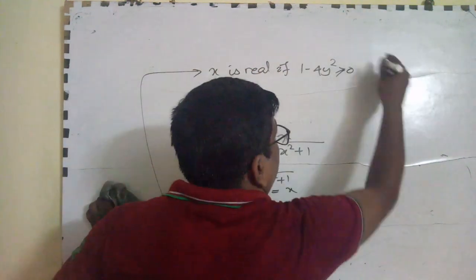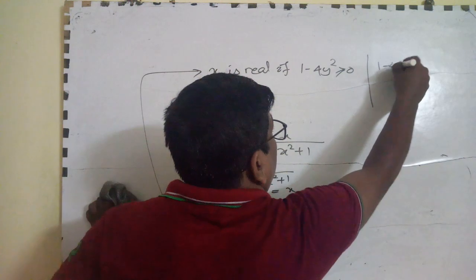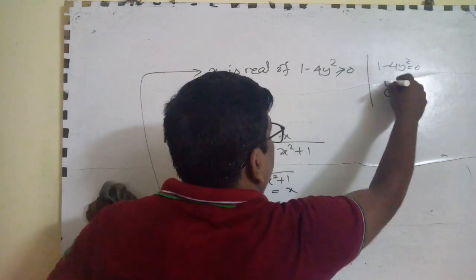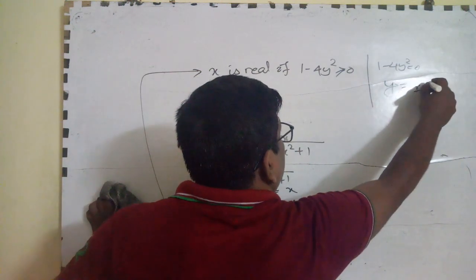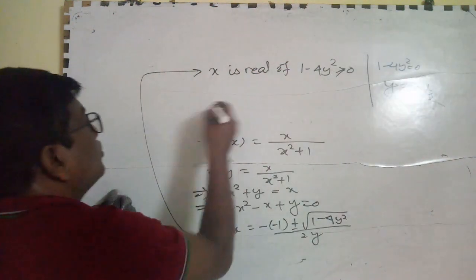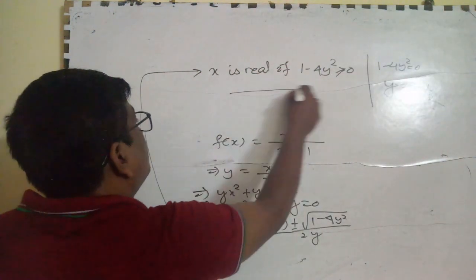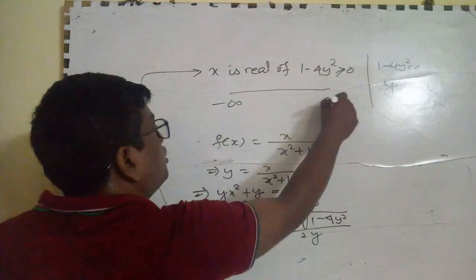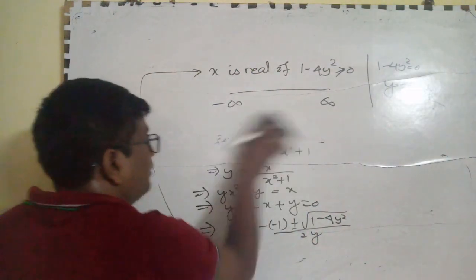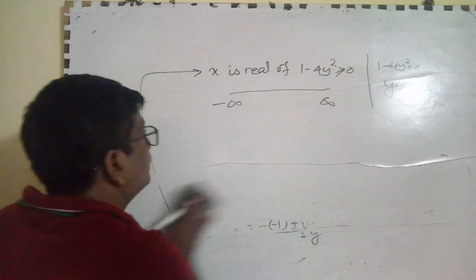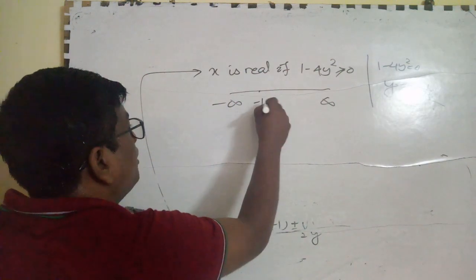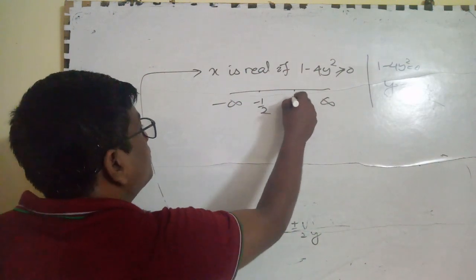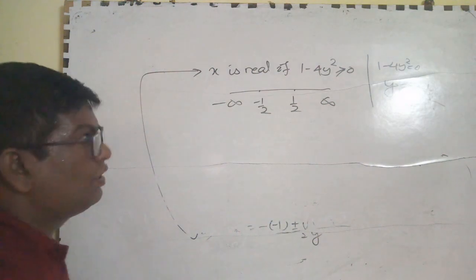Solving for rough work here: 1 minus 4y square is equal to 0 implies y is equal to plus or minus 1 by 2. On the number line from minus infinity to plus infinity, mark minus 1 by 2 and 1 by 2. What is the sign rule here?